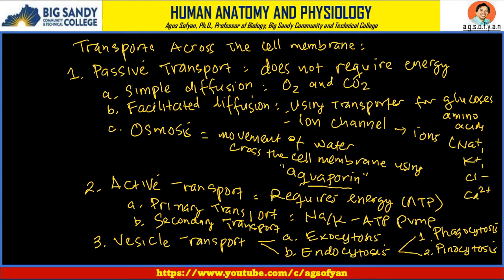Active transport is the type of transport that requires energy. There are two types, primary active transport and secondary active transport. The primary active transport on our cell membrane is the sodium-potassium ATP pump. And the last type of transport is called vesicle transport.